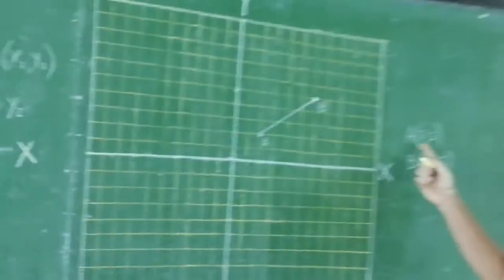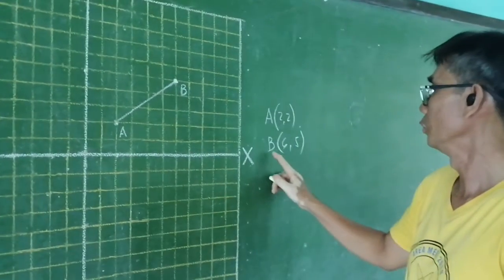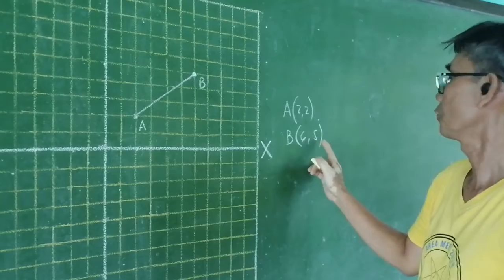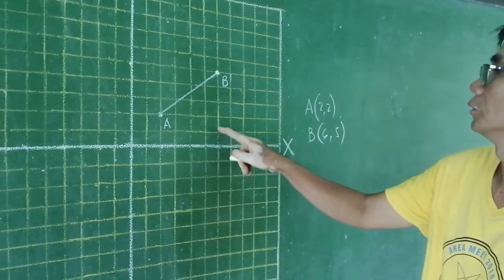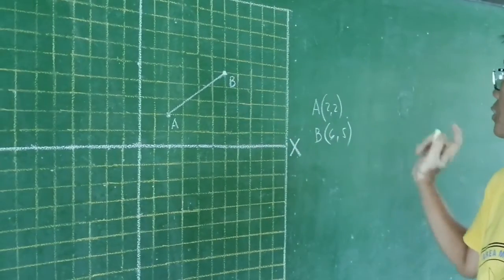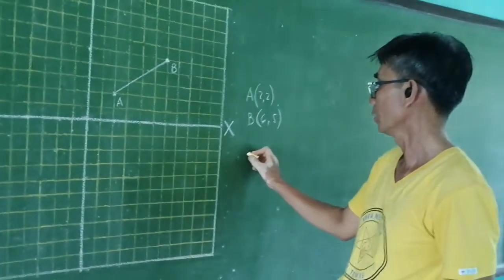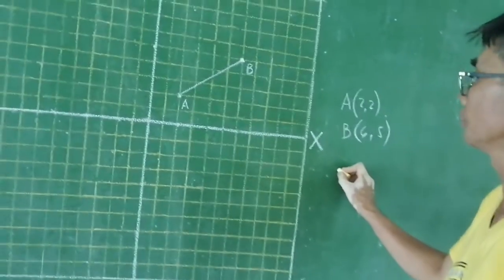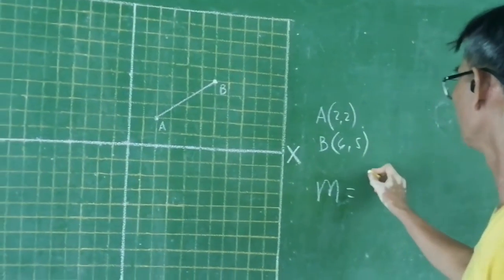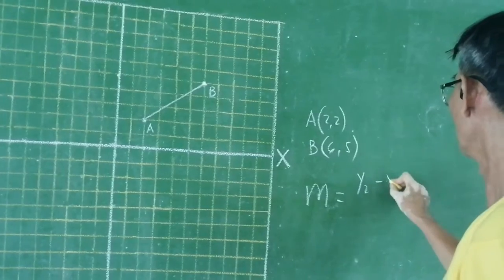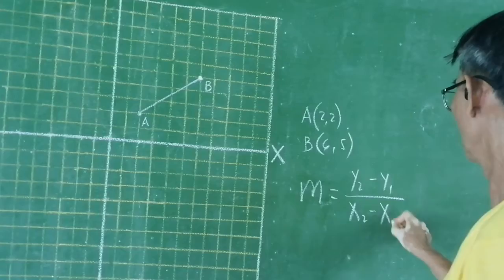Shall we illustrate that with an example here? Supposing there are 2 points here, point A with coordinates 2, 2, which is this one, and point B as 6, 5. So 1, 2, 3, 4, 5, 6; 1, 2, 3, 4, 5. If we are going to find the slope of segment AB, we use the formula y sub 2 minus y sub 1 over x sub 2 minus x sub 1.